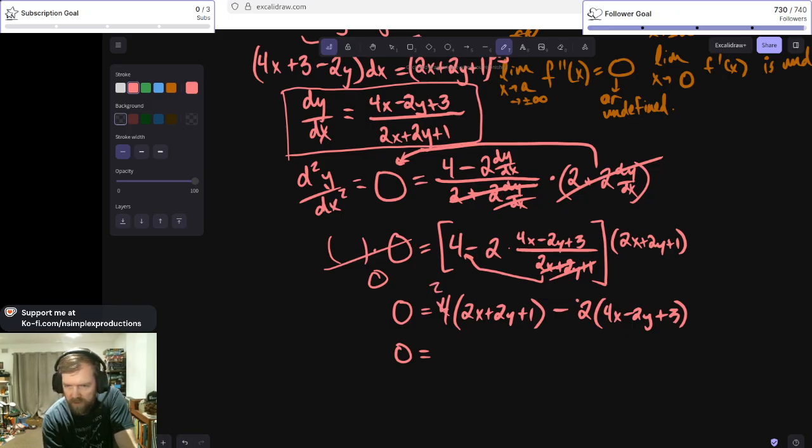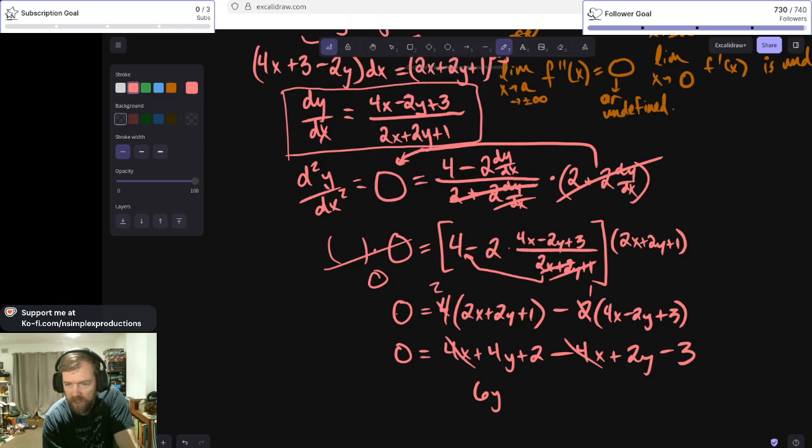This is going to be 2, right. Divide both of these by 2. Still got a 0 over there. So now we get a 4x plus 4y plus 2 minus 4x plus 2y minus 3 is going to be a 6y. X's go away on this side. Interesting.